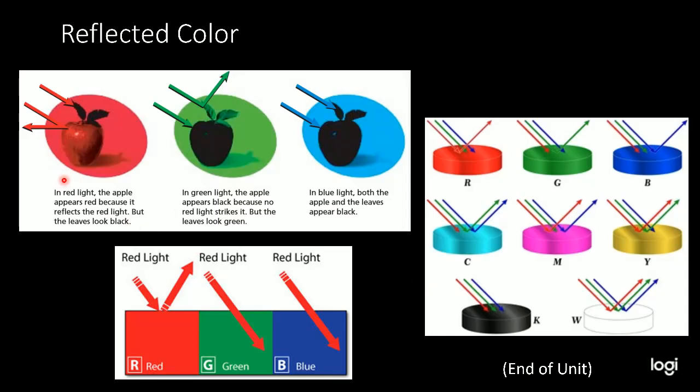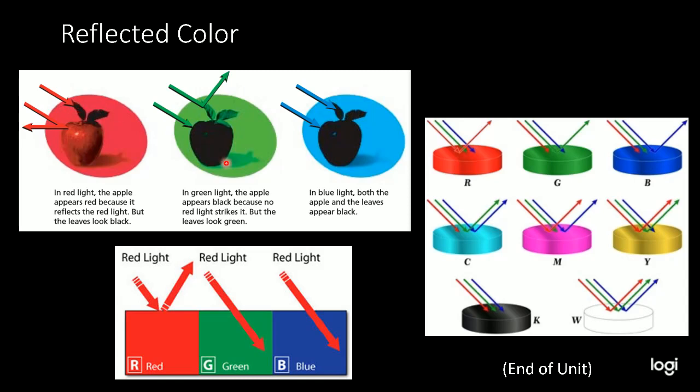So let's take a look at this in a little more detail. If I have a red apple with green leaves and I shine a red light at it, the red light is bounced off of the red apple and we see the apple is red. However, the green leaves are unable to reflect any of that red spectrum and therefore appear to be black.